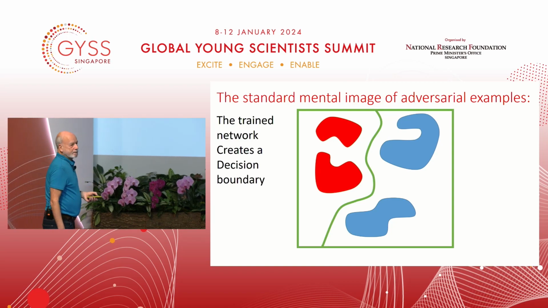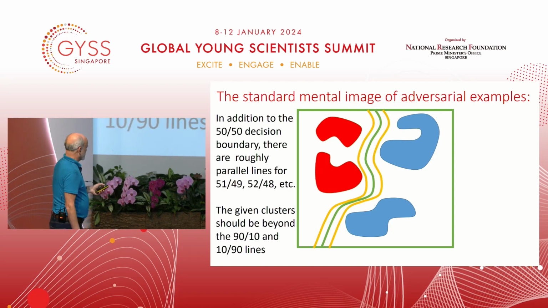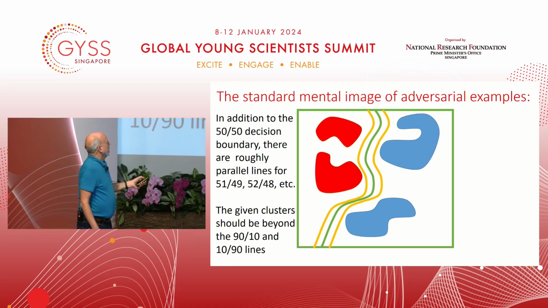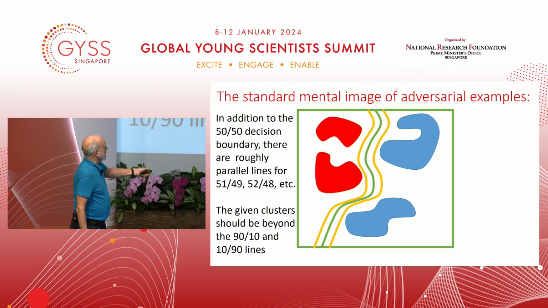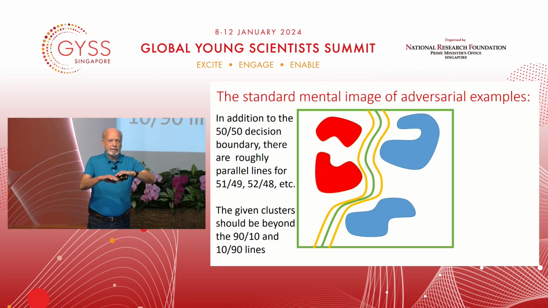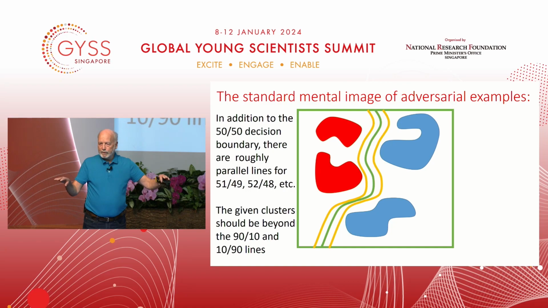And in addition to this decision boundary, you can also think about additional lines. So this is the line where you think with 51% confidence that it was a cat, and 49% confidence it was guacamole, and here it's the opposite side. So you start getting things which look like a topographic map with height lines, okay?